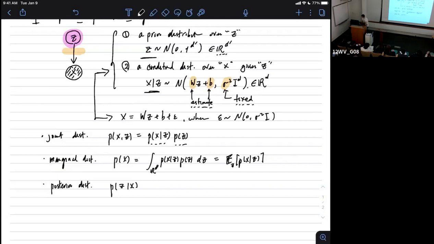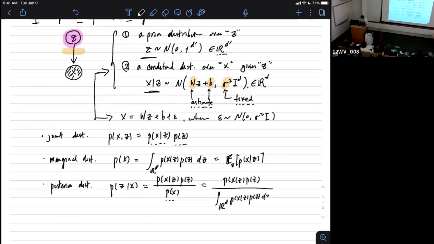So that's the posterior distribution, and this can also be computed because this is where we use the Bayes rule. It turns out to be the same as a ratio between the joint distribution and the marginal probability. If we write it once more, it is really the same as this.